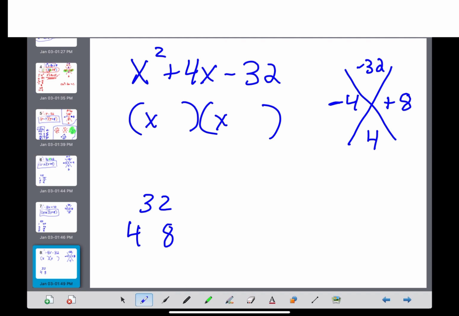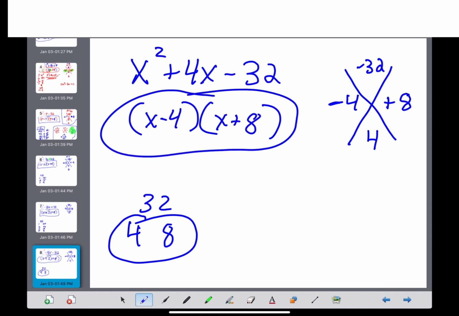Again, how do you know which one's going to be positive? Because the bottom number is positive, the bigger of the two numbers over here is going to be your positive one. That's how I look at it. So minus 4 plus 8. That's your solution.